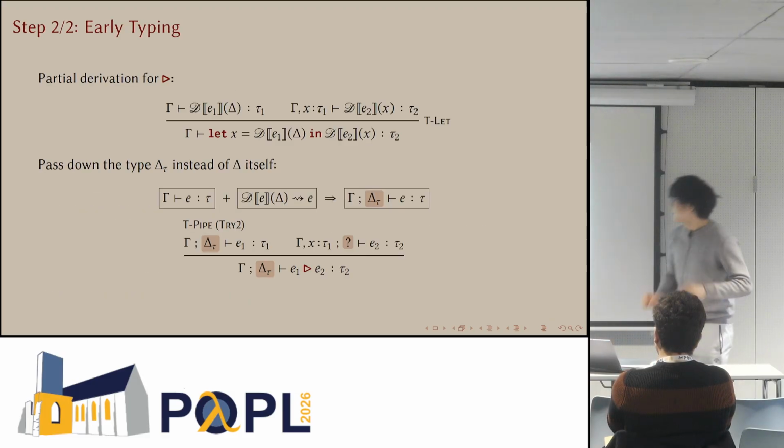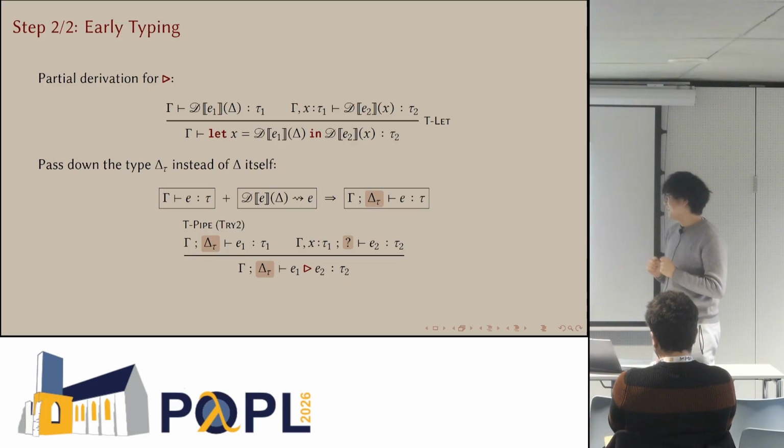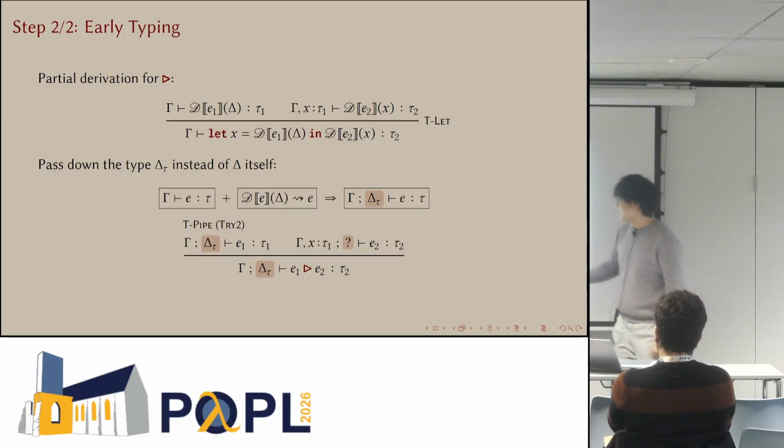So we changed the form of the surface language typing rule a bit. Instead of passing the desugaring context itself, we pass down its type. We write it as delta tau. And then if we try to write the partial derivation for pipe in the new form, the ones that use delta would just naturally become delta tau. But what about the type of x?